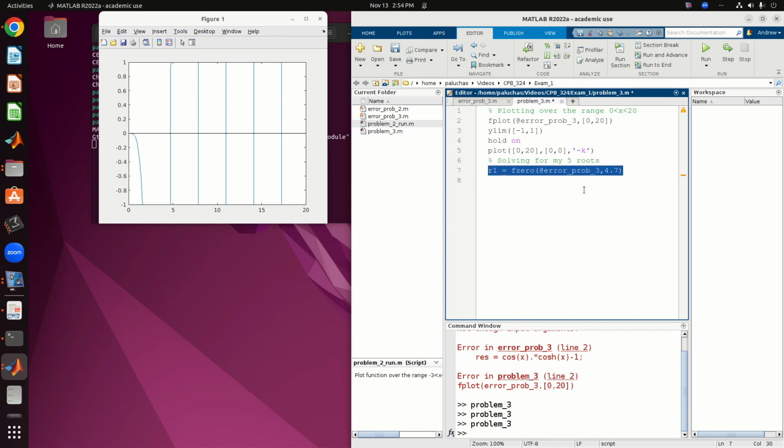Let me just copy and paste my second root. A bracket would be preferred, but this is fine here since the ranges are going to be so small. 7.8. Okay, third.